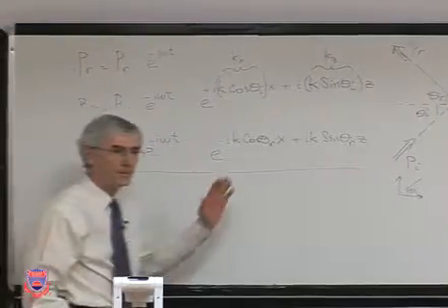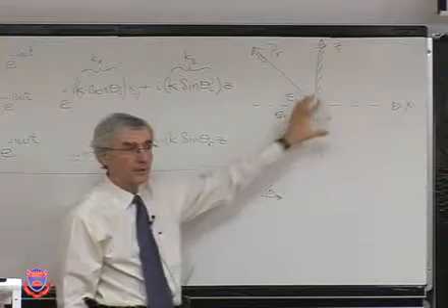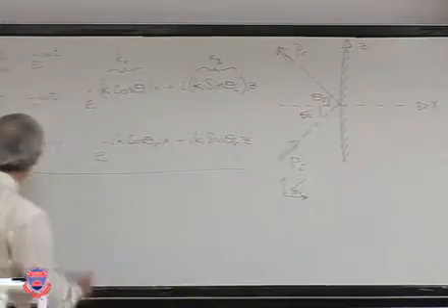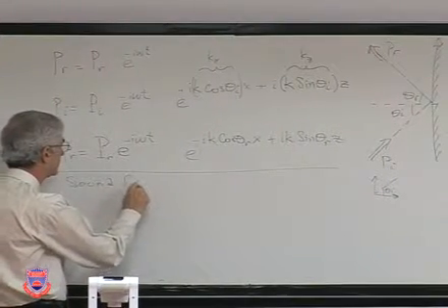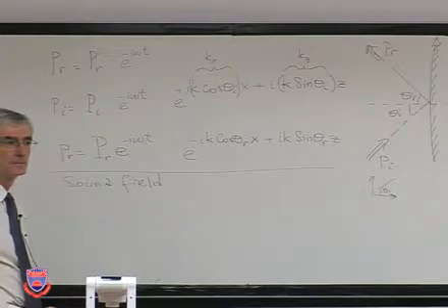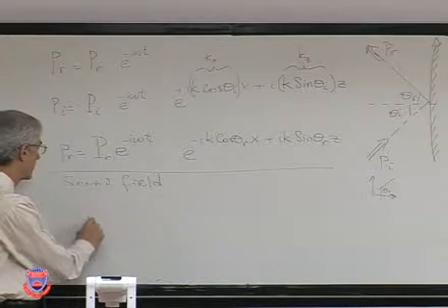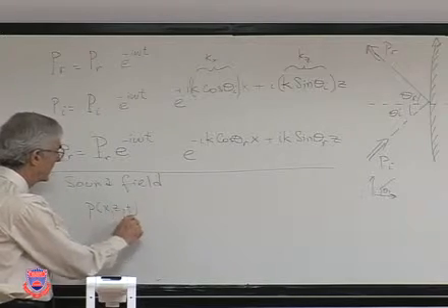Now, what we have is a sound field in front of this rigid wall. And what is the total sound field? What is the total sound pressure here? Exactly. So we have really x, z, and t.